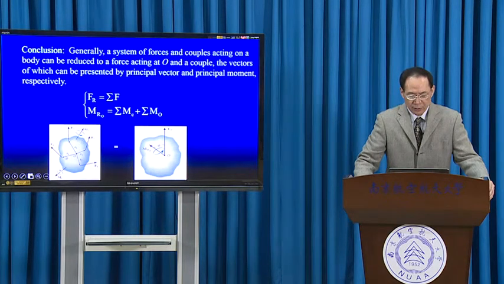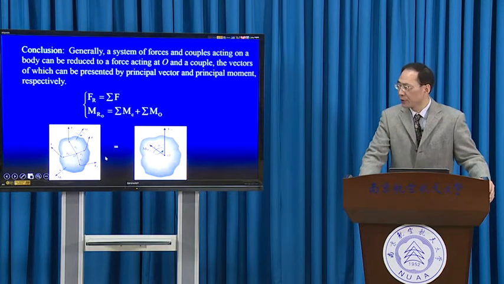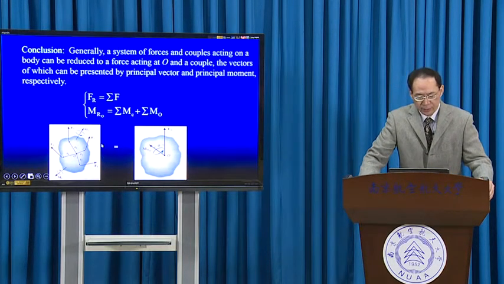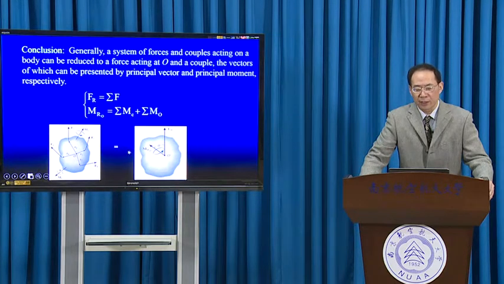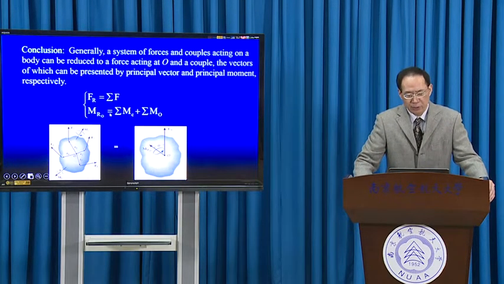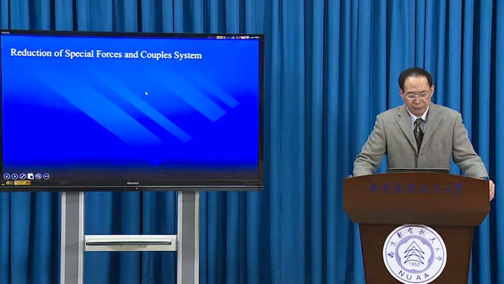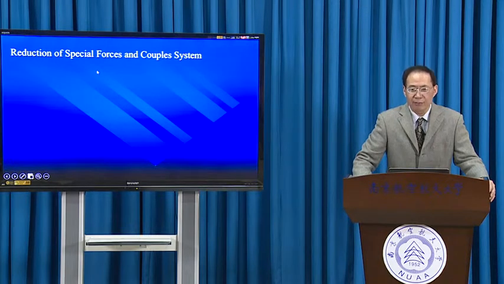So the conclusion, in one word: we can use this diagram to show the reduction result. Any complicated force system can be reduced into one force and one couple. They can be represented by the principal vector and the principal moment. Okay, this is a general case for any three-dimensional case. Now, let's come to some special cases.